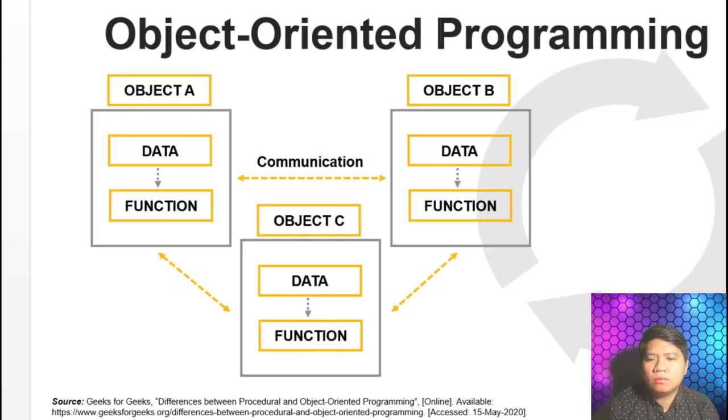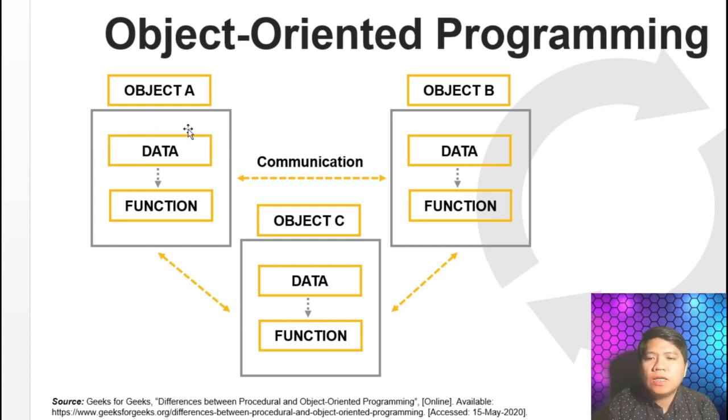To illustrate object-oriented programming, we have here a simple figure. In this example, we have object A, object B, and object C. These are what we call classes. It will become an object if we instantiate the class. Later on, you will learn more about OOP, but this is just to give you a simple idea.